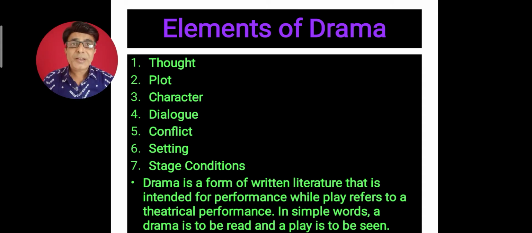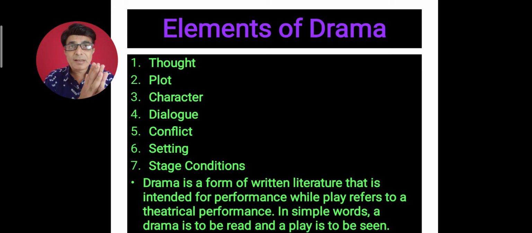Conflict can be two types, internal conflict and external conflict. External conflict means the conflict between two different characters, and internal conflict means the conflict which goes on in the mind of the character, to be or not to be. That was the internal conflict of Hamlet. Setting includes so many things, right?